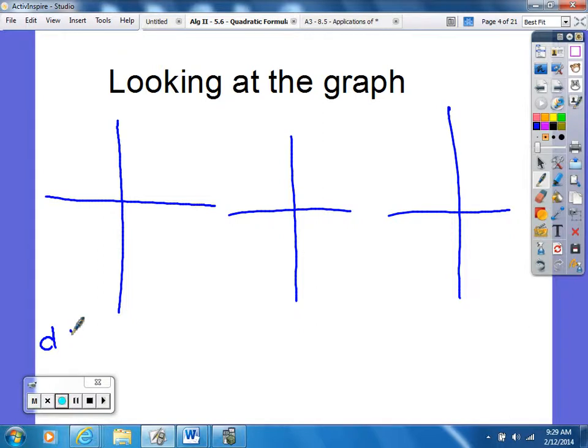So if the discriminant is positive, greater than 0 is positive, right? This one's going to be if my discriminant is equal to 0. And this last graph will be if my discriminant is negative, meaning it's less than 0.